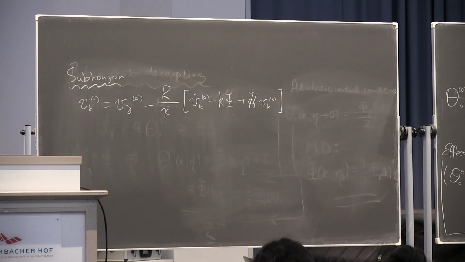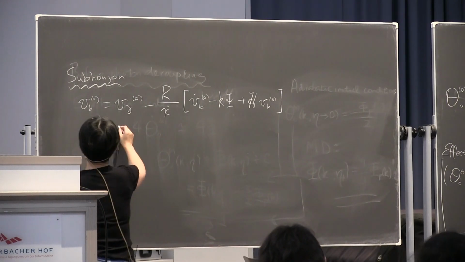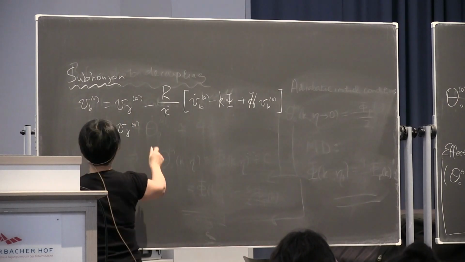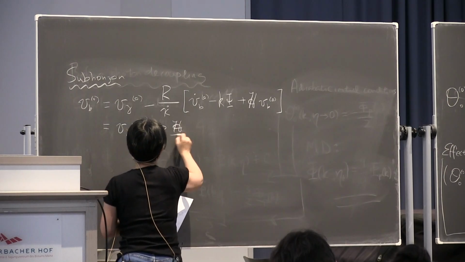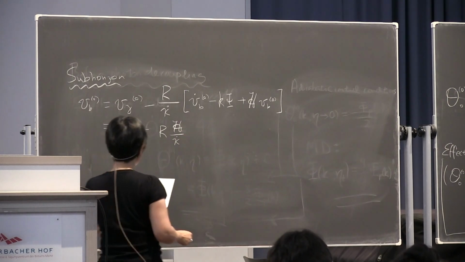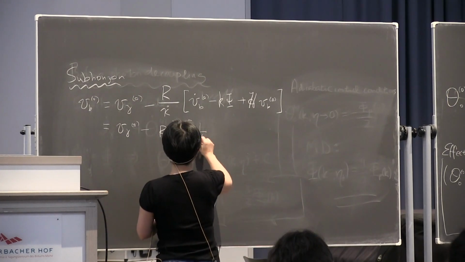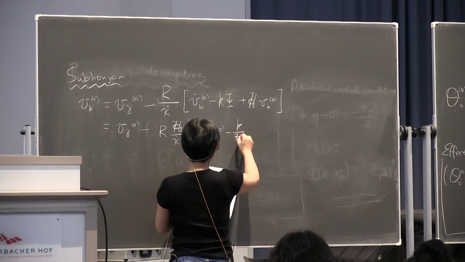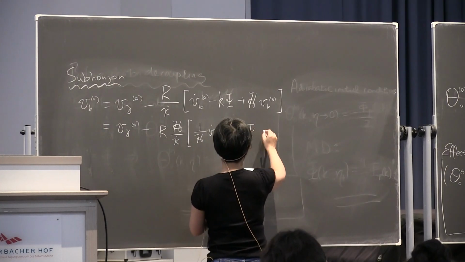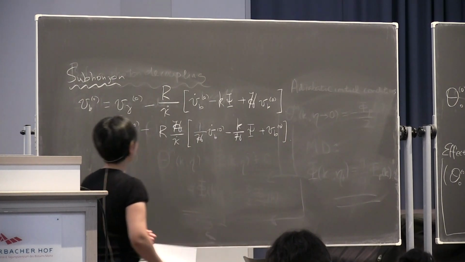Now, one more step I can do is to introduce some factors of H here and there. So I have V_gamma naught minus R, I'm going to insert an H over here, divided by kappa dot, H being the Hubble parameter, and then I have 1 on H, V dot B, minus K on H, psi plus V_B naught. Okay, still exact.